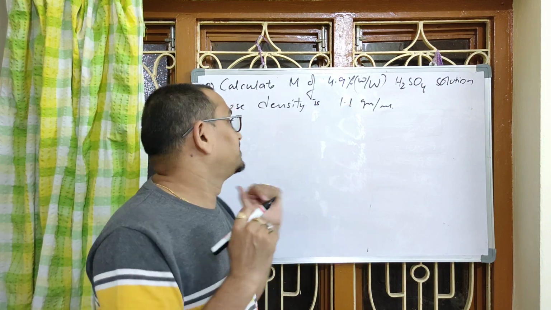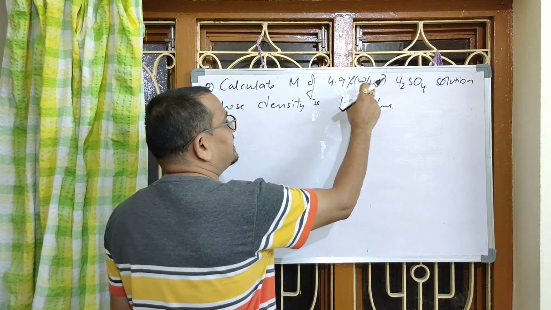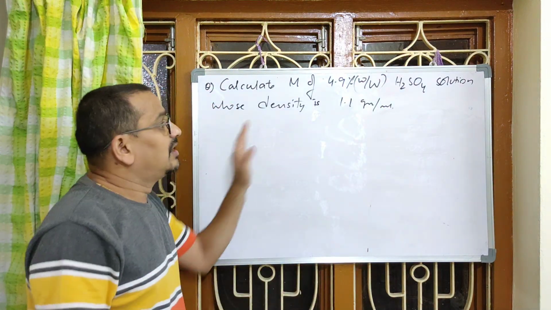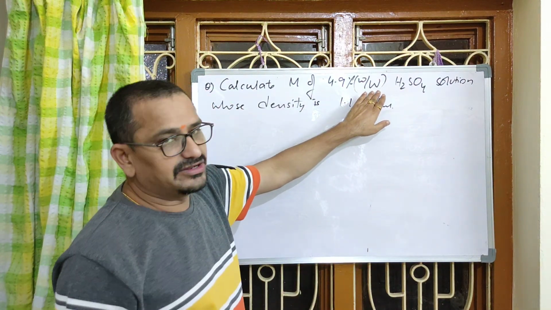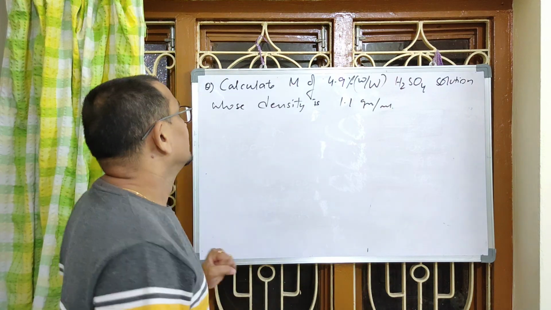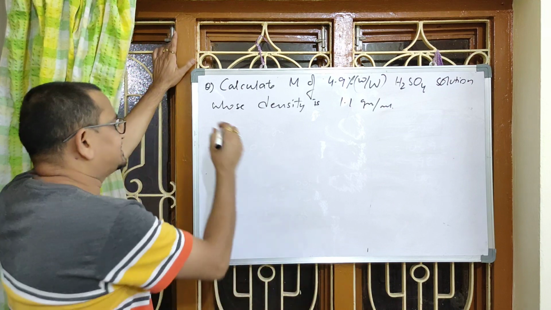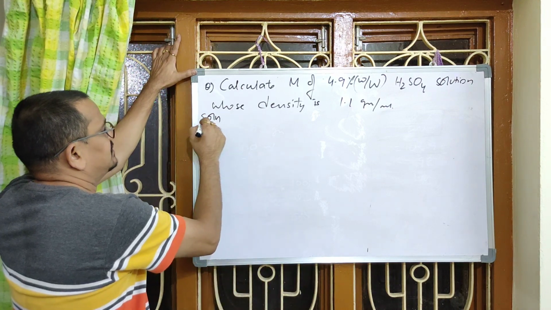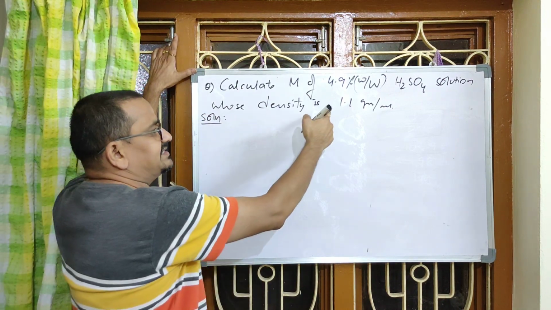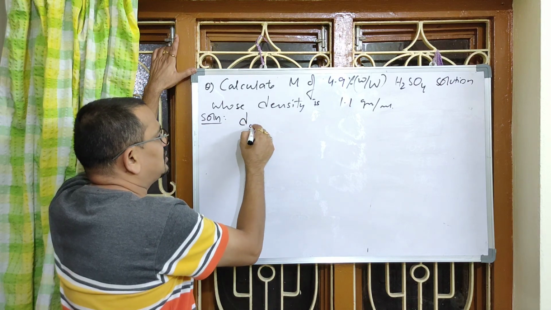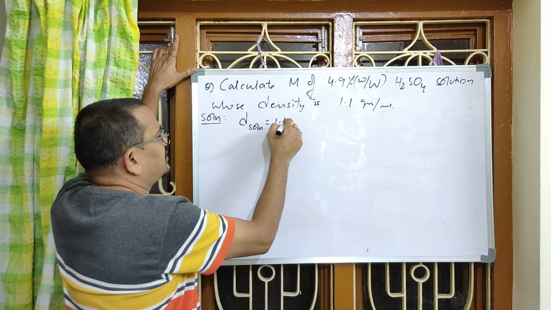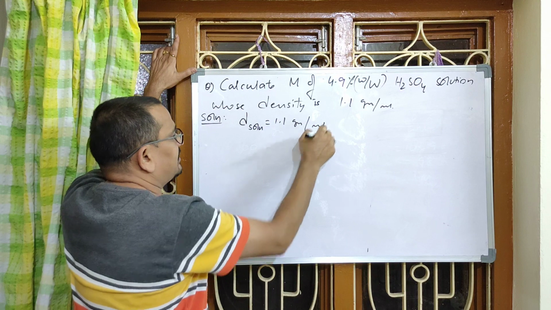Please remember that point. Now, 4.9% by mass of H2SO4 solution. Whenever such a question is given, let us see the systematic procedure first. What is the density given? Density of the solution is 1.1 gram for every ml.